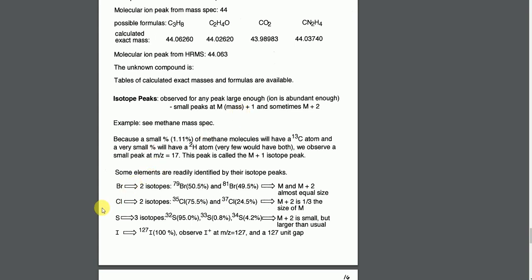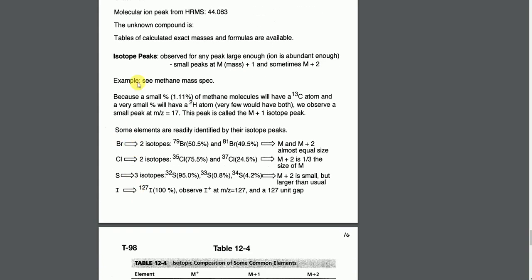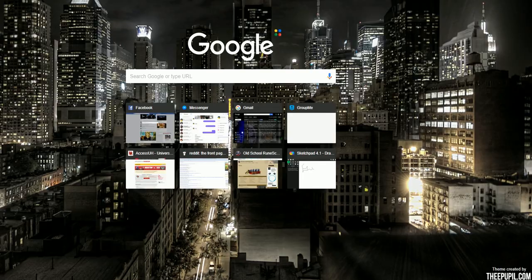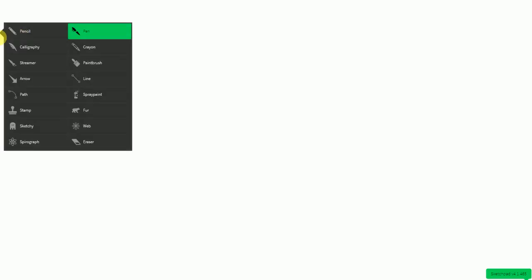So in nature, many atoms have isotopes, right? Let me open up the sketch pad and look at a few. We have bromine, chlorine, sulfur, and iodine last.